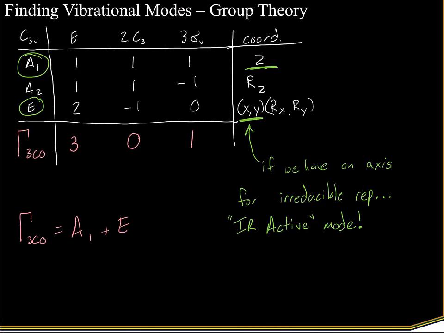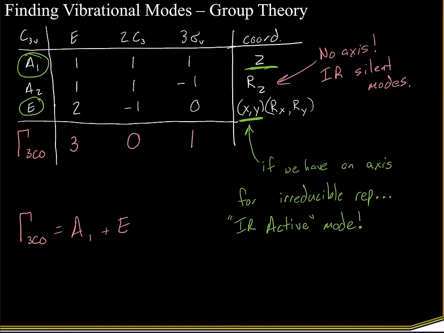meaning it would have an IR signal. If we were looking at the C3v point group and I had any A2 signals, there's no axis. That means that these would be IR silent modes, meaning we would not expect to see a signal here.